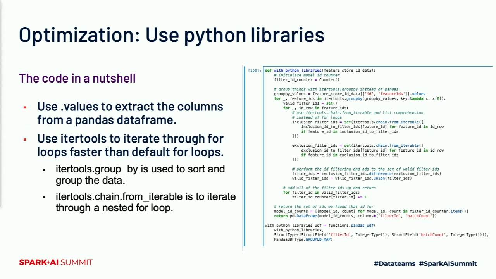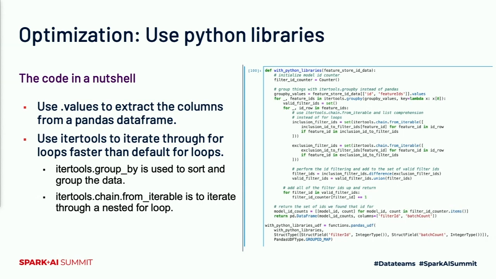We're going to use a pandas data frame's .values to extract the columns, and we're going to use itertools to iterate through our loops faster than default Python for loops. At the top, where the comment says group things with itertools.groupby instead of pandas, we extract all the values with .values. Instead of pandas DataFrame.groupby, we use itertools.groupby. It's the same thing, except for a couple of syntax changes.